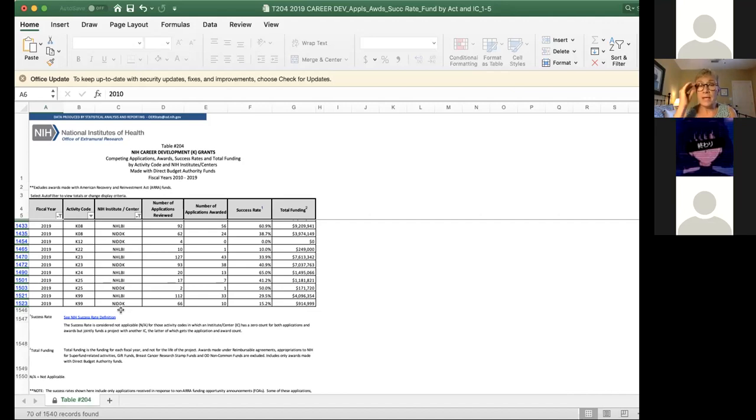So we had a person who was working in leukemia. So she was doing cancer. She was a clinician, and she was analyzing patient samples, but she was analyzing them in the lab. So she could go K08 or K23. The success rates were almost the same. So that was a little confusing.